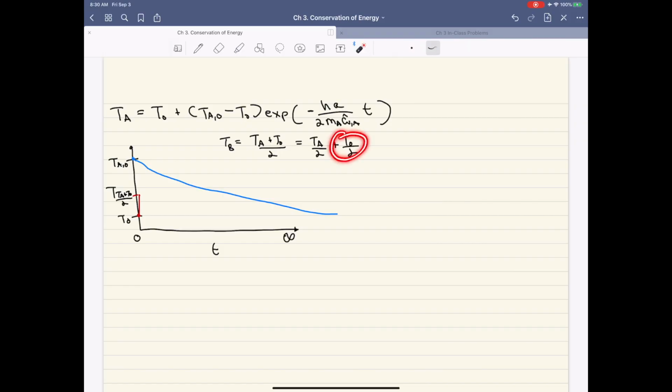This is a constant, and we know TA is an equation that decays exponentially. And so TB will also decay exponentially, right? And the entire time, it's essentially just going to be an average of TA and T naught. And so TB will be in between the two.